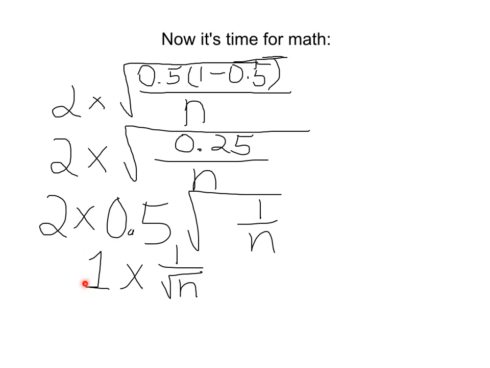We don't really need to have this 1 in front, so I can just get rid of it, and then we see that finally the margin of error is equal to 1 over the square root of n, conservatively. Remember, conservative means we're using 0.5 here, because that gives us the largest value. We use this conservative method because we'd rather be overestimating our error than underestimating it. Okay?